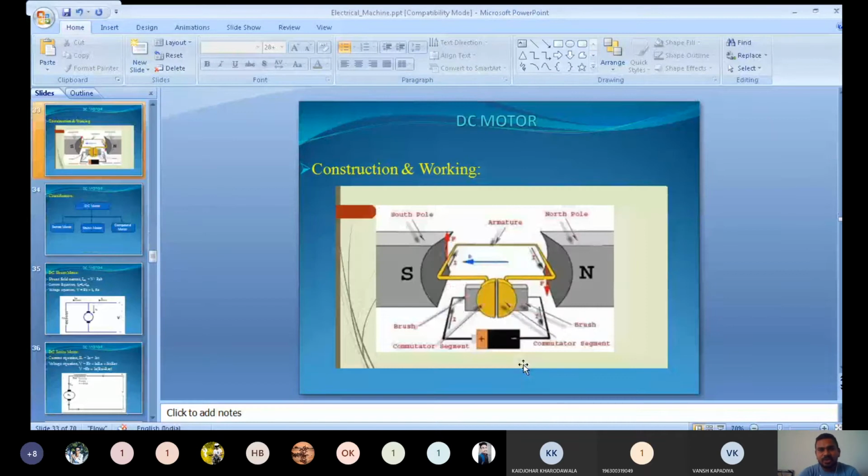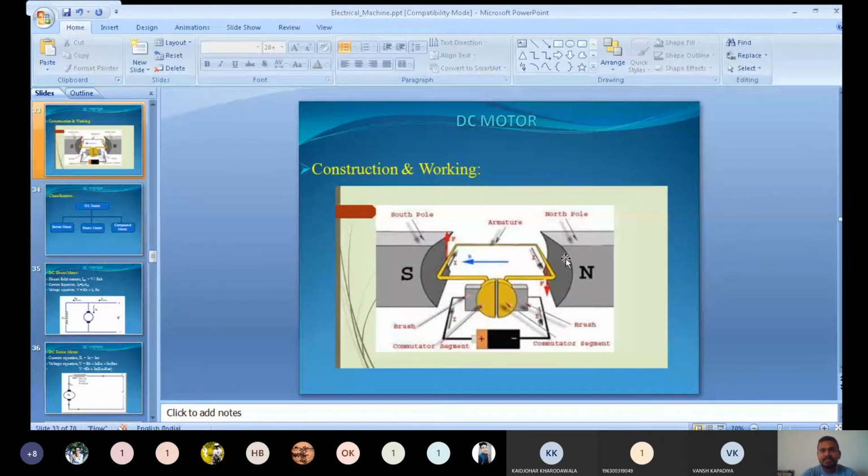Now the working of the DC motor. How does a DC motor work? Here this portion represents the conductor. Here are the S pole and N pole. These are the magnetic poles. When the N pole magnet and S pole magnet are placed near each other, a magnetic force, or magnetic flux, is produced.